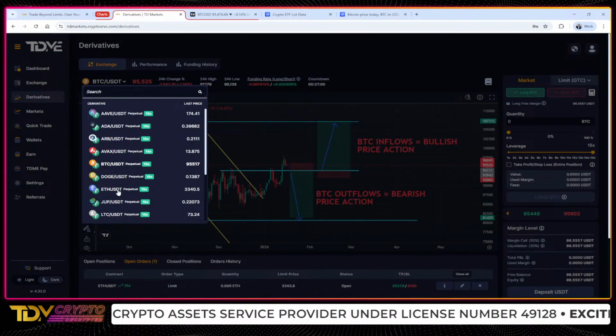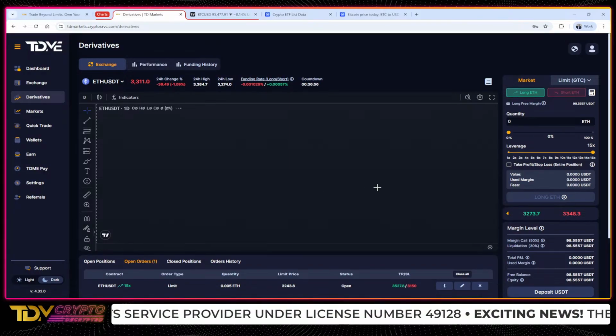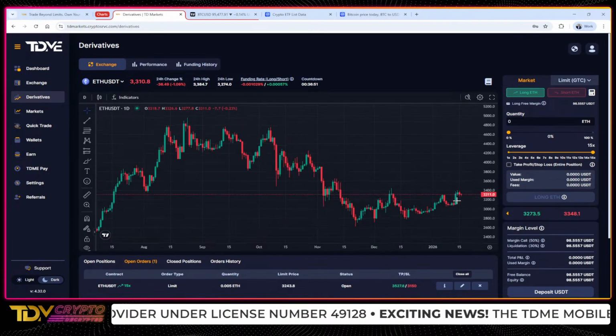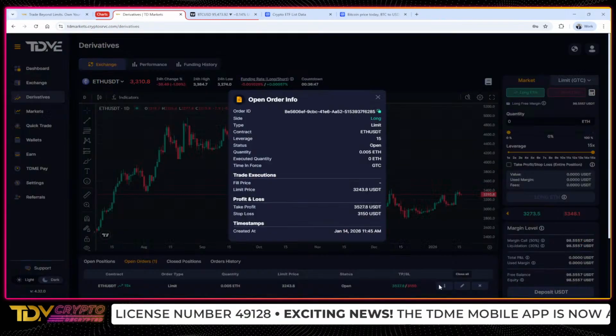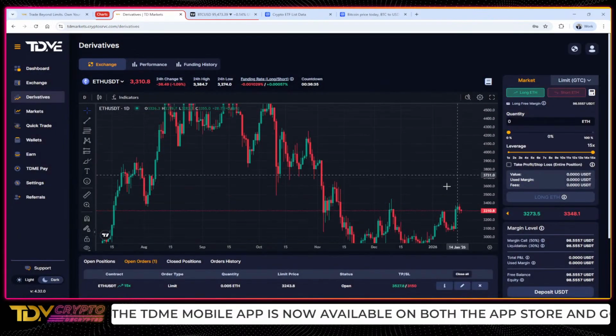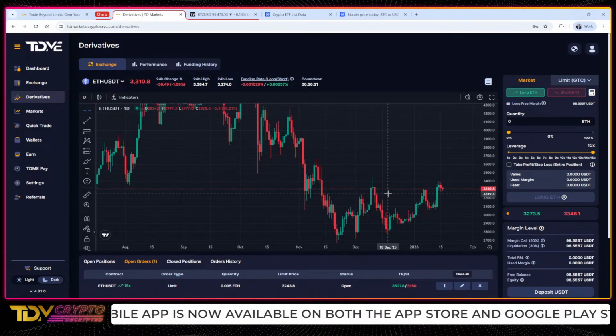Now Ethereum, in fact, I've got a pending order on Ethereum. I've got a buy limit on Ethereum, as you guys can see at the bottom of the screen. I've got a buy limit at 3243. My stop loss and my take profits are here. Obviously my buy limit has not been triggered as yet.